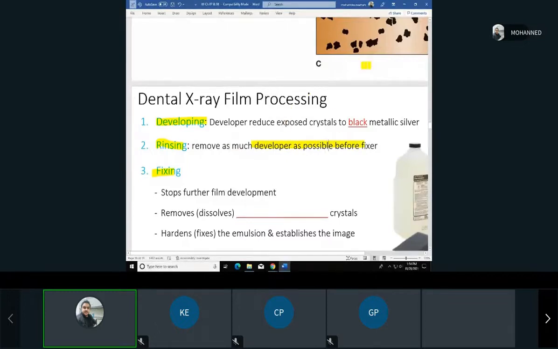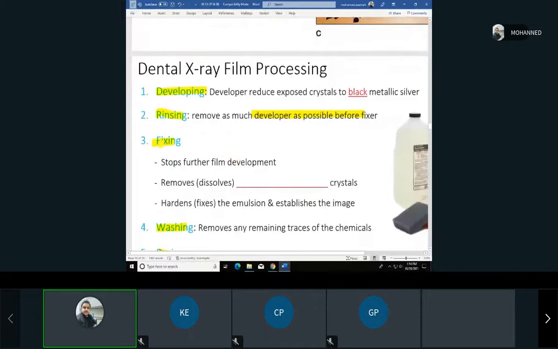Like we saw, she's passing through these tanks, and then fixing using the fixer would stop any further developing of the film, would remove and dissolve any unexposed or undeveloped crystals, and it will harden the emulsion to establish the image.